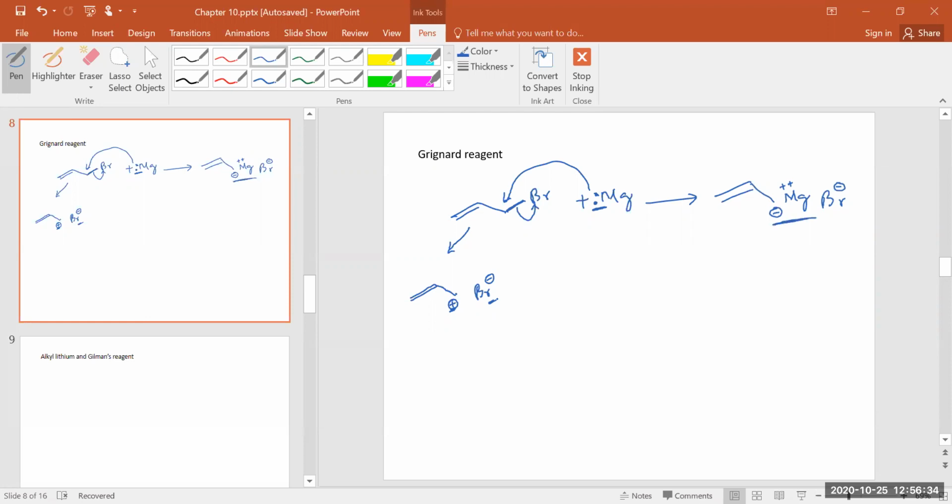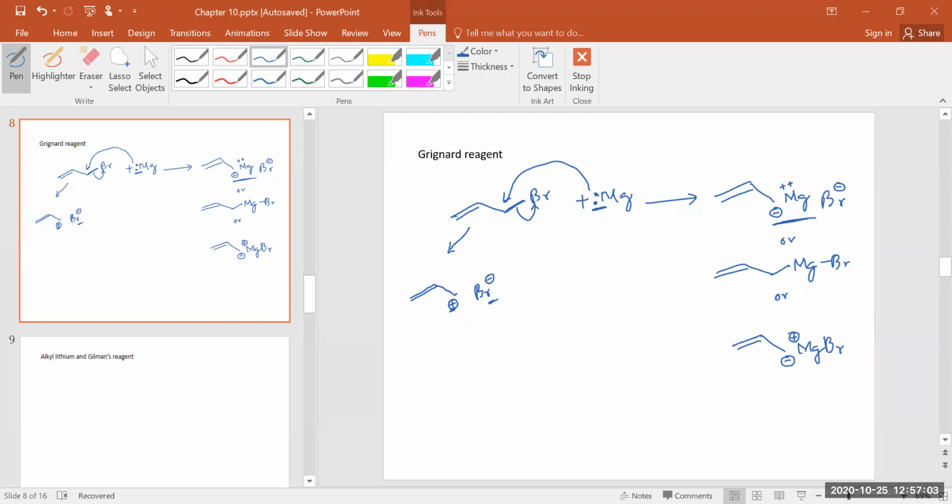These bonds have significant covalent character, so that's why we write like this as well. Or sometimes you see this negative charge and MgBr. Everything is the same, just different ways of writing.